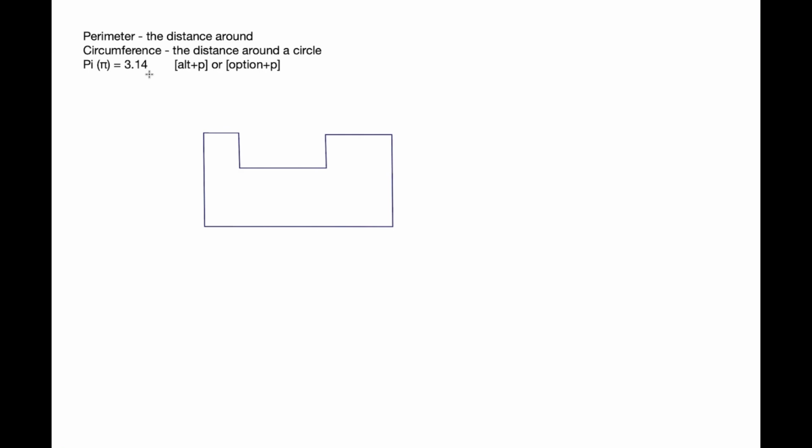Now, 3.14 is not the exact value of pi. Pi is a decimal that goes on and on and on forever. It is a non-terminating, non-repeating decimal.